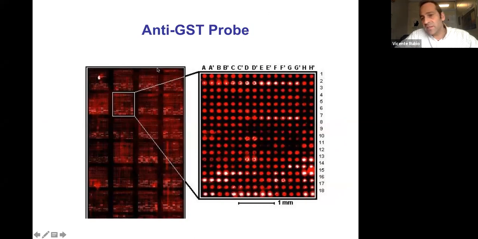This is using the scanner to visualize the abundance of each spot that has been labeled with the anti-GST probe. And you can see that there are changes from spot to spot. By measuring this fluorescence, we can do relative quantifications once we use the actual probe that we want to test in the array.